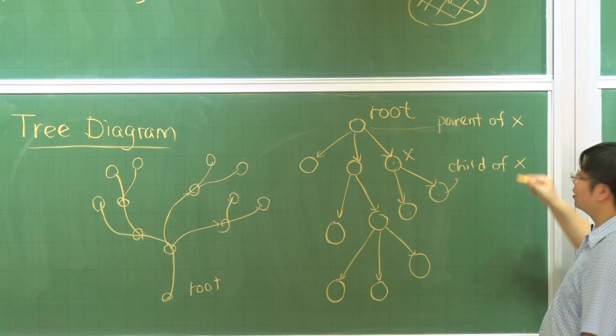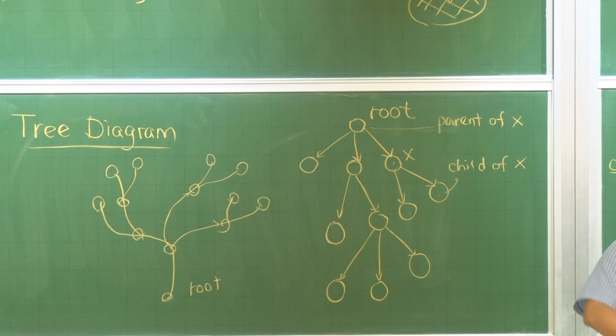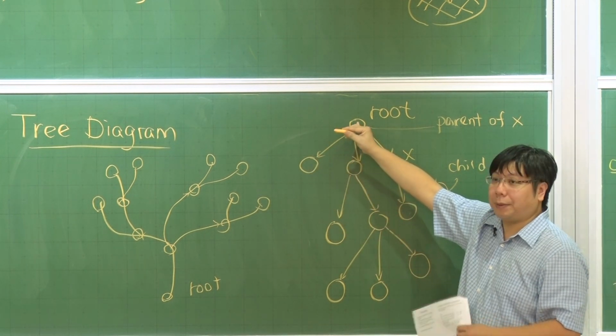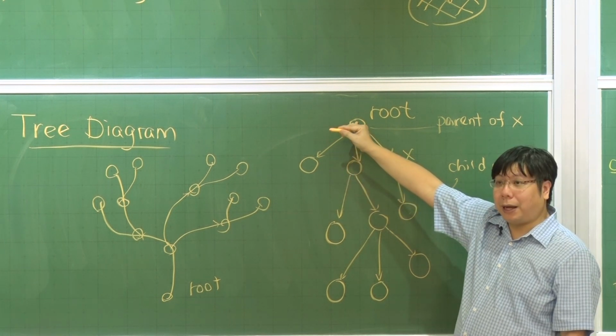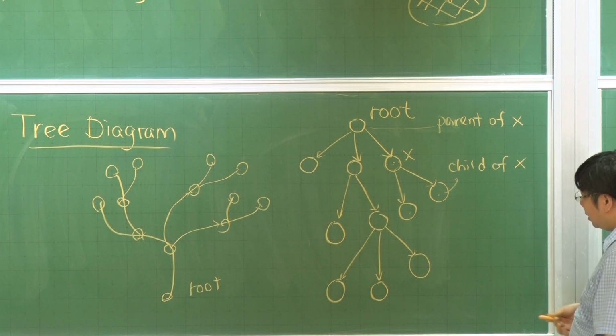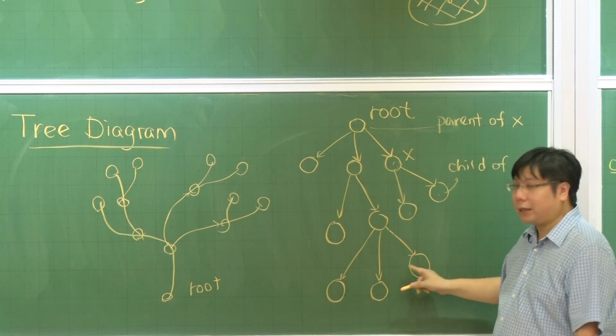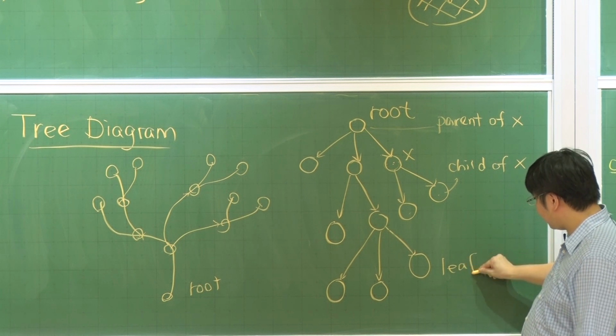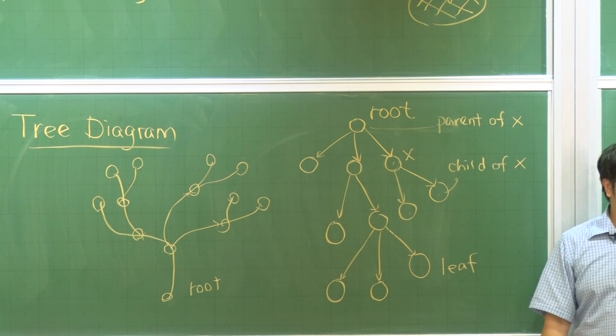Is that okay? So unless you are a root, you will always have exactly one parent. Exactly one parent points at you. This one has this one as a parent, this one has this one as a parent, and so on and so forth. And all the ones that do not have any children, we call leaves.